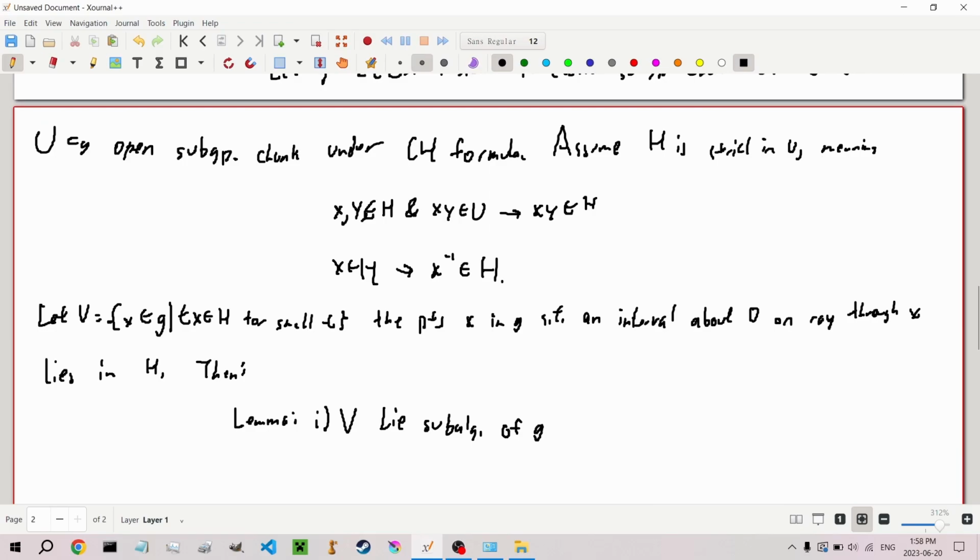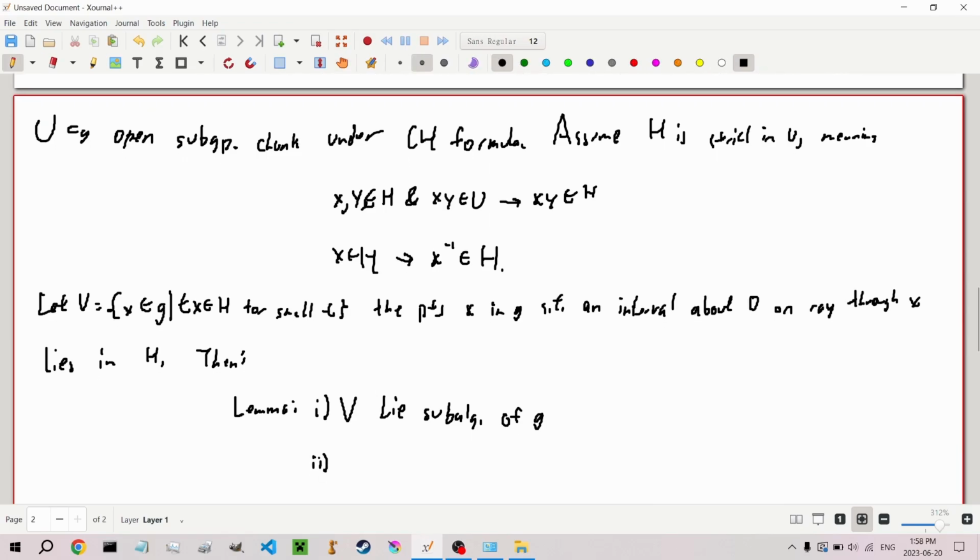And secondly, suppose that Xn is a non-zero element of H. And we're going to let Dn be the line in g containing x sub n.